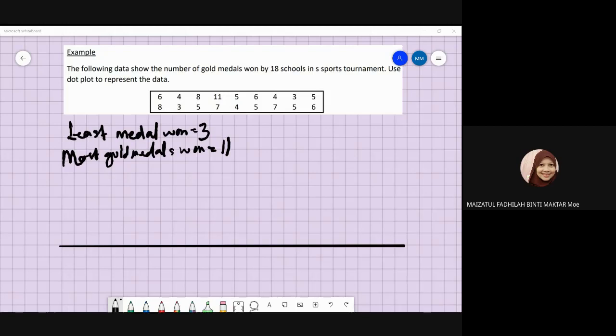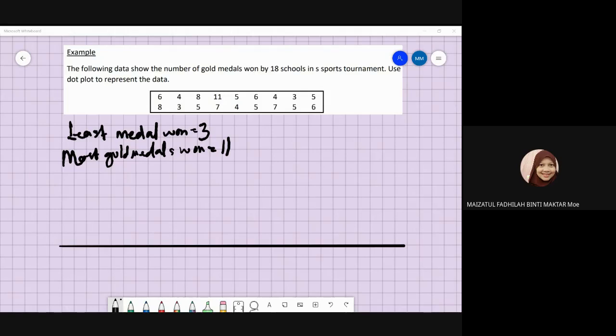After you define the lowest number and the highest number, you can plot the points. From the least number and the most number, we know the number line will start from 3 to 11.